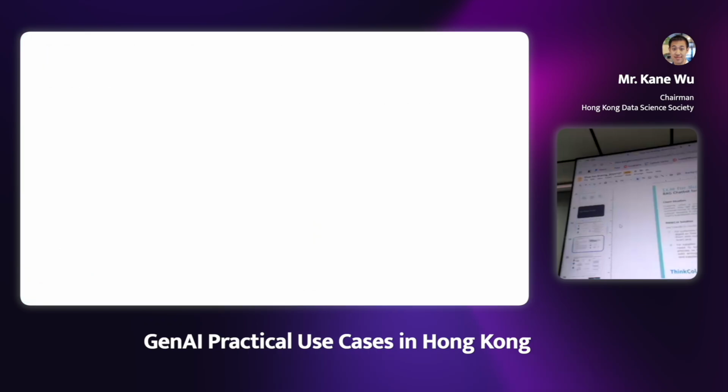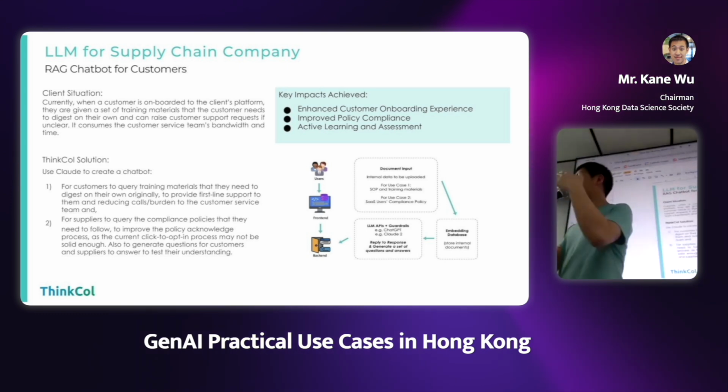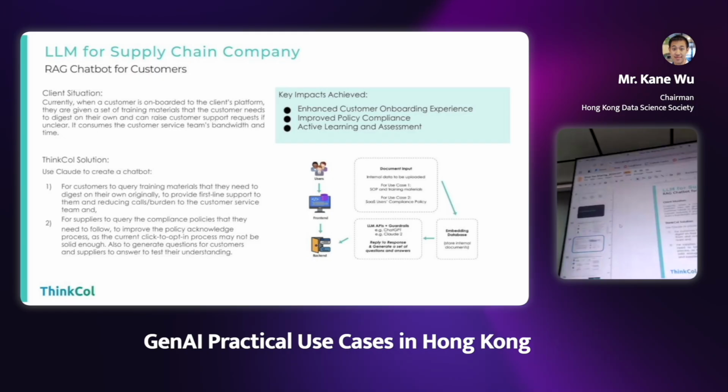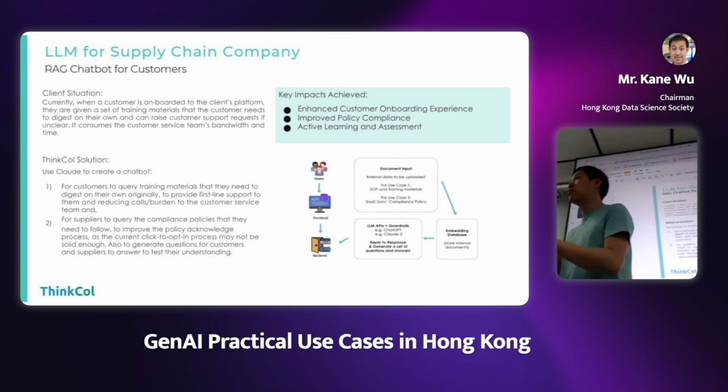So here, just a use case that I want to share. Let's say for a supply chain, you have a lot of documents about a lot of suppliers, and you buy clothes from a lot of suppliers, right? But then there's a lot of things you have to check and make sure everything is okay. For example, when you import clothes, there are a lot of regulations and laws that you have to follow.